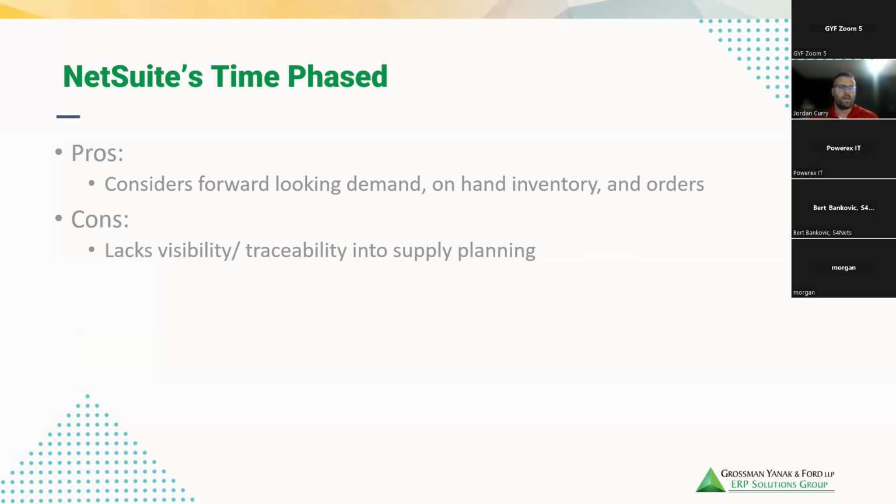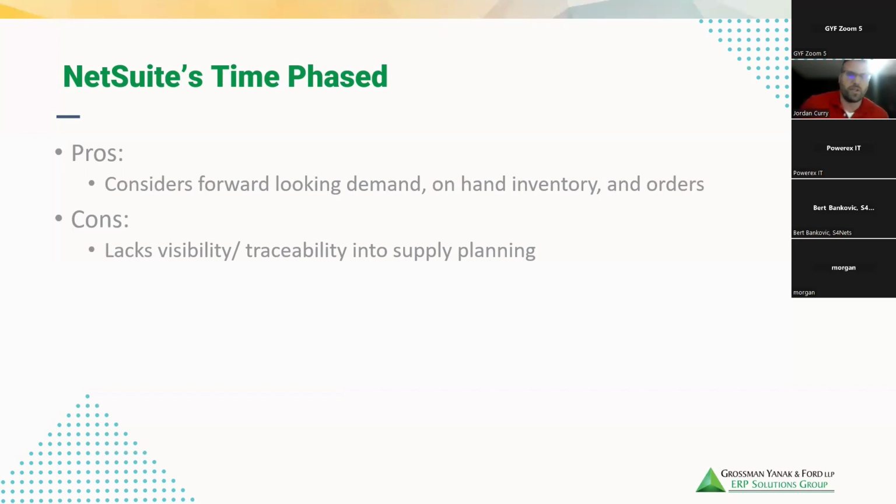The cons that I found with time phased is it doesn't have a great centralized repository to view the information. Obviously you can use those dashboards that I talked about earlier, those bundles, to view the information. You can use saved searches and reports to view the information.